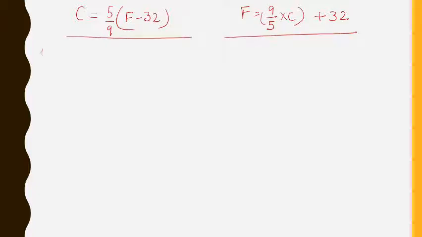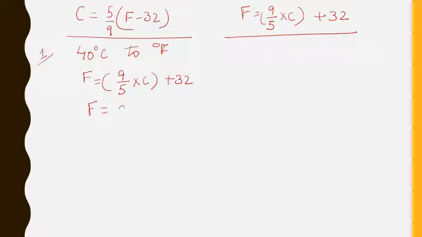The first question which I have taken is to convert 40 degrees Celsius to degrees Fahrenheit. It means which formula are we going to use? We'll use the formula F equals 9 by 5 into C plus 32, because we have to find F, and the value for C is 40.